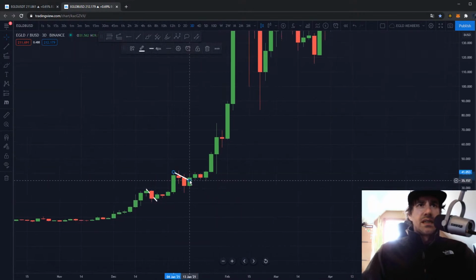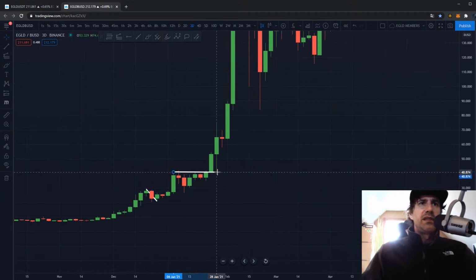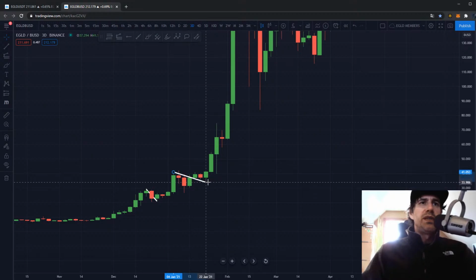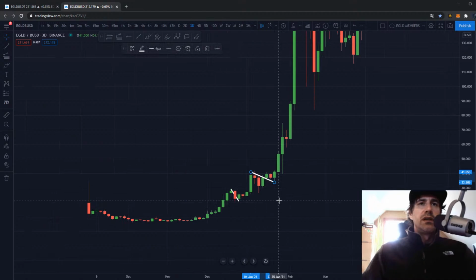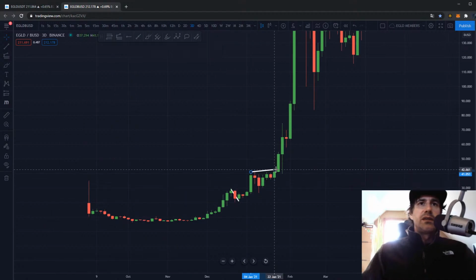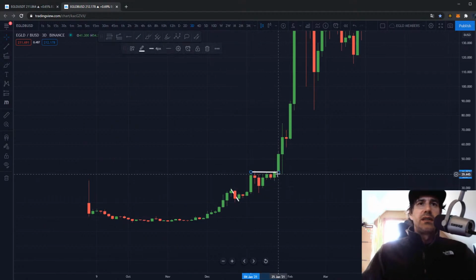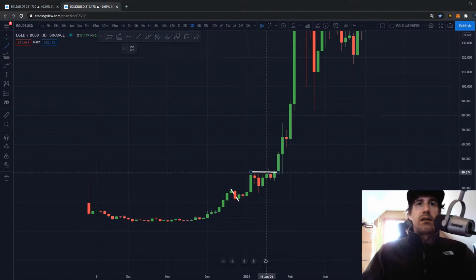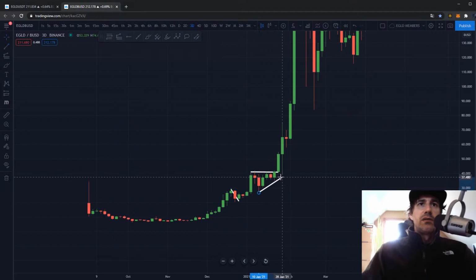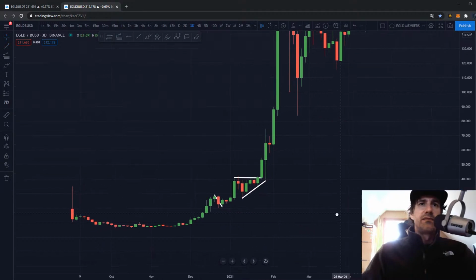Okay. Sometimes you have to be careful because you see this was an ascending triangle, but it was possible to be a bull flag too. But you know, the pattern here looks a lot like an ascending triangle right here.